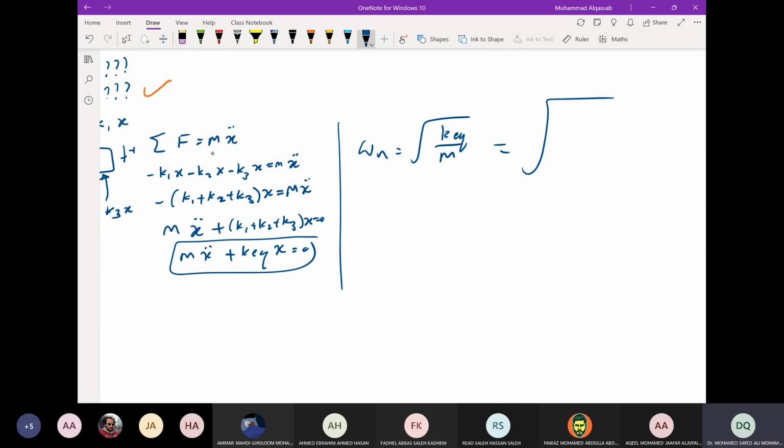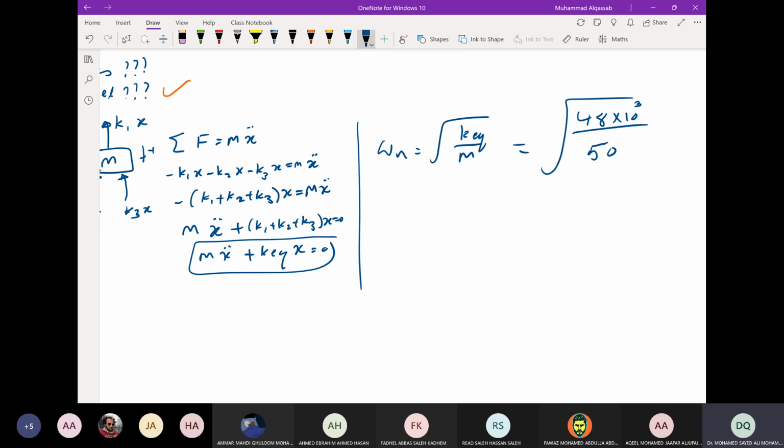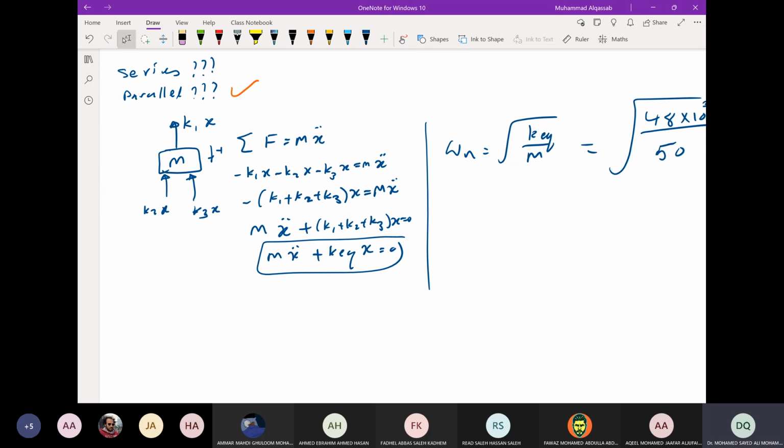So this is the square root of 48 times 10 to the power 3 divided by 50 kilograms. That will give us the natural frequency. Then you can find the maximum velocity, which is equal to omega n times x.